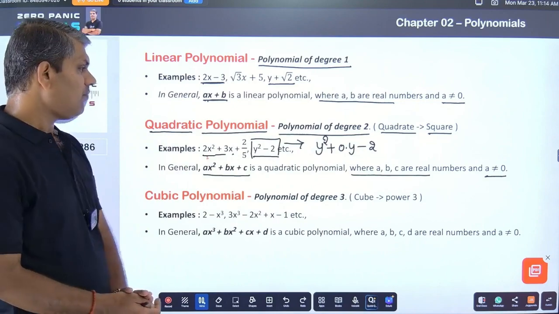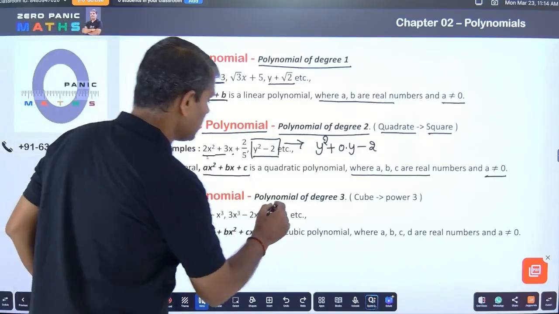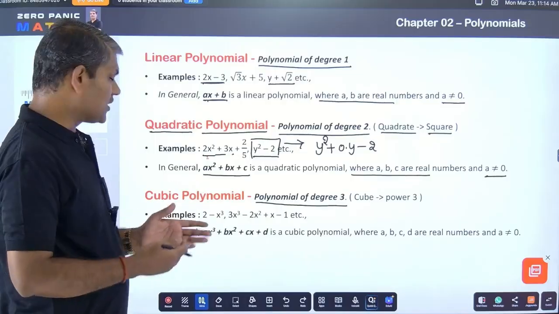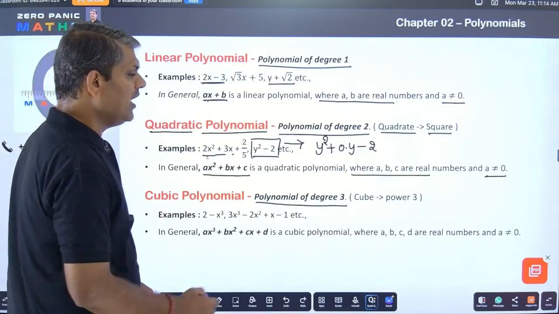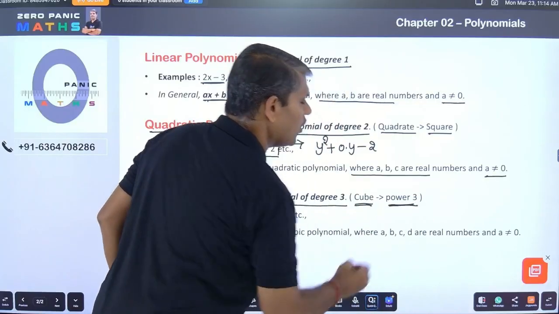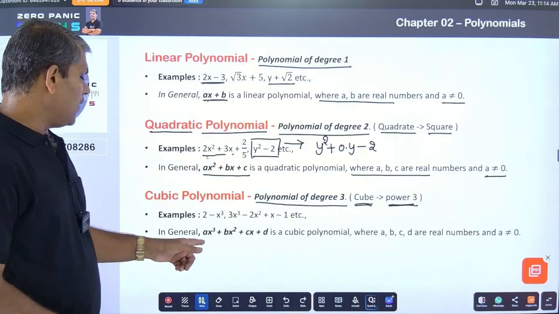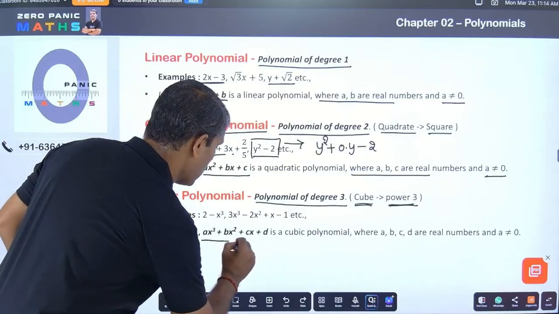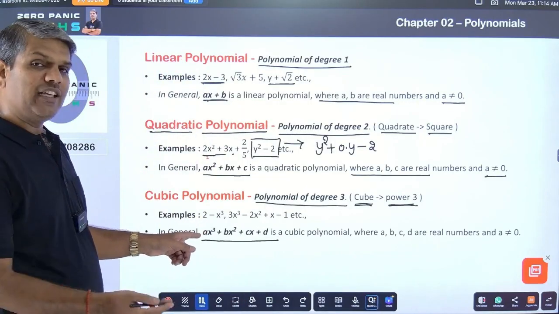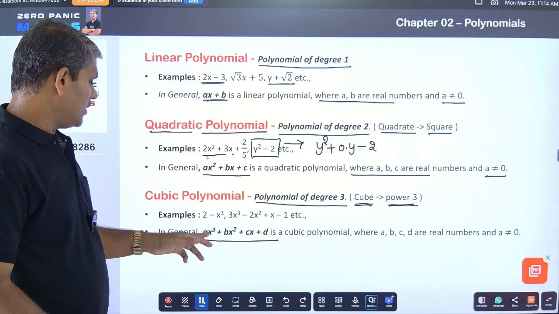Okay, now let us go to the next definition, that is polynomial of degree 3 is called a cubic polynomial, because you know that the word cube means of power 3. Okay, so any equation of the form in general, now you observe here the coefficients are getting changed by the type of the polynomials.